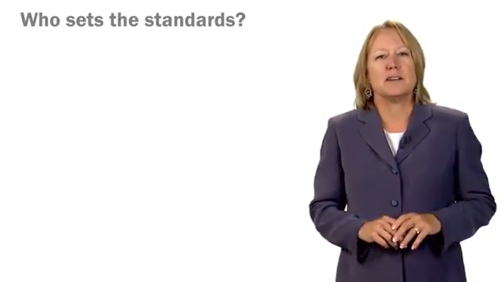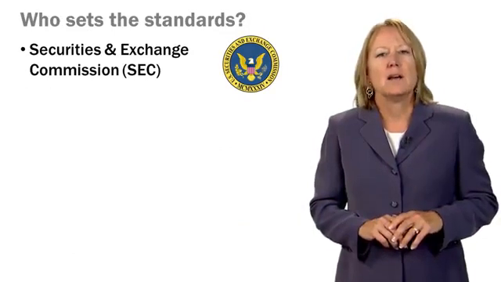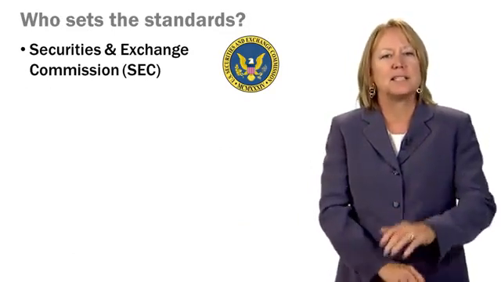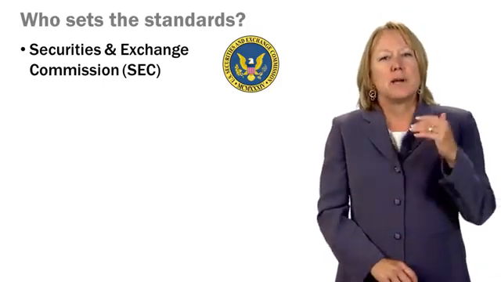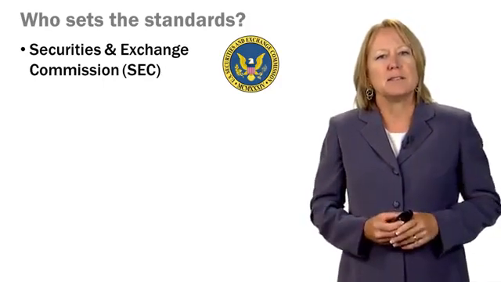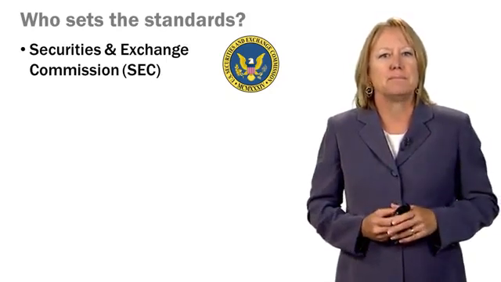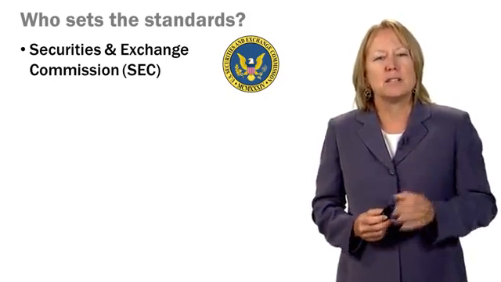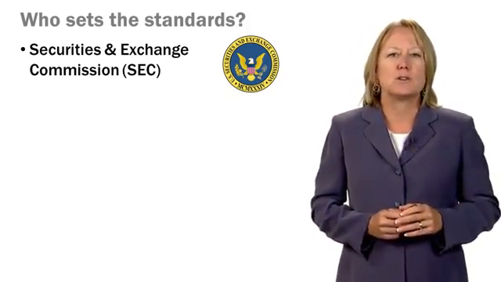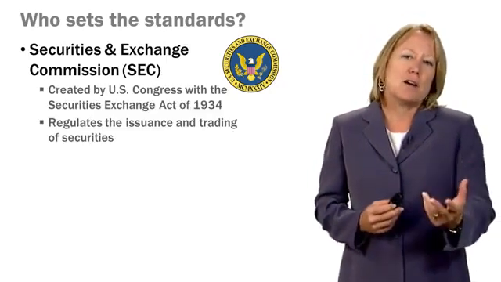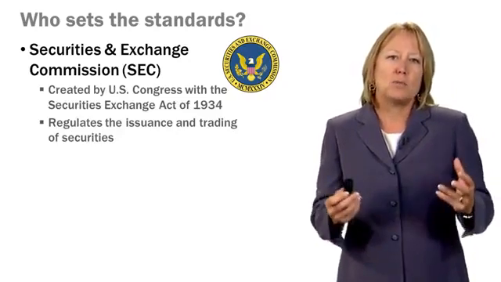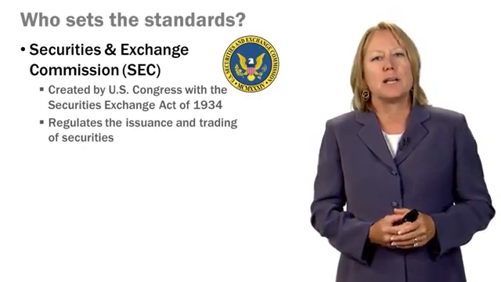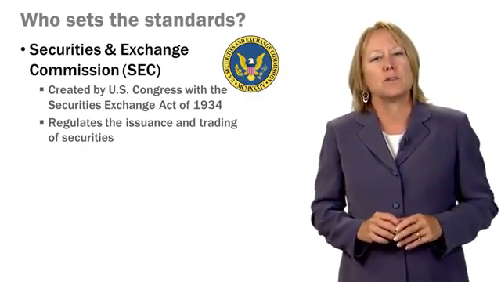Who sets these standards? In the U.S., the Securities and Exchange Commission, or the SEC for short, bears the ultimate responsibility of setting the accounting standards under U.S. GAAP. After the stock market crash in 1929, you can imagine that some action with the financial markets was needed. And U.S. Congress at that time enacted a couple of acts, the Securities Act of 1933 and the Securities Exchange Act of 1934.